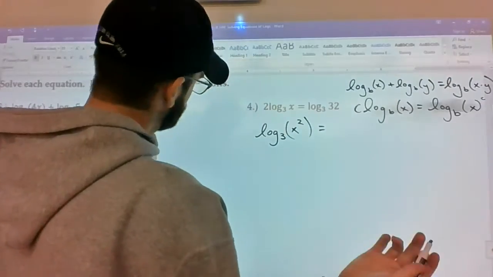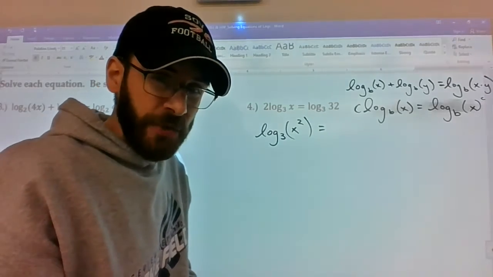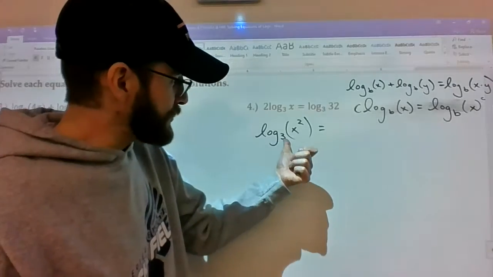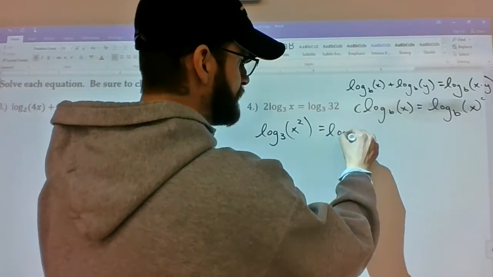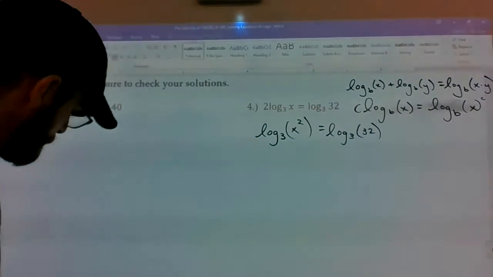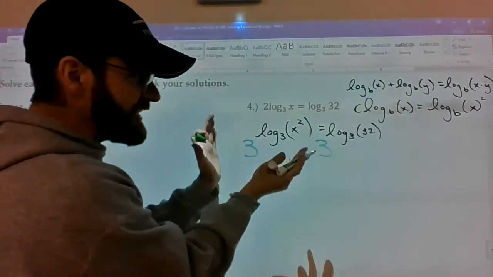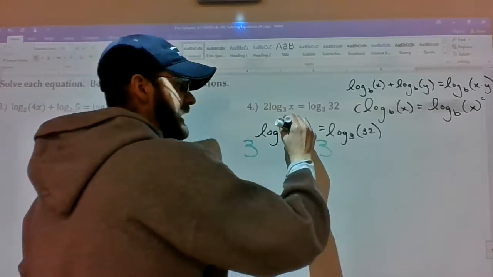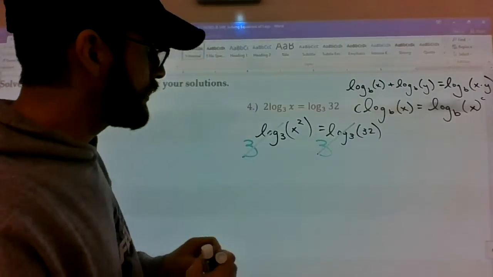I could apply a change of base formula to it, but I've got log base 3 on the left and log base 3 on the right, so no need to do a change of base. By applying 3 now as the exponential base, it cancels out the log, and you're left with x squared is equal to 32.